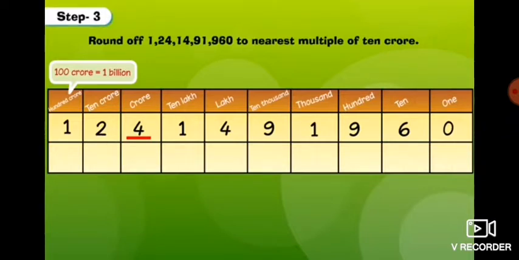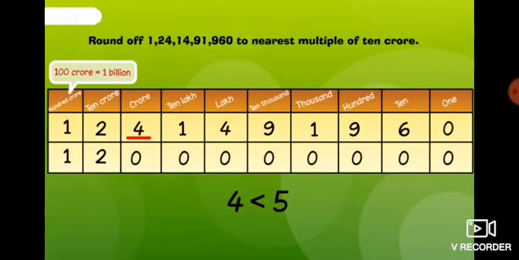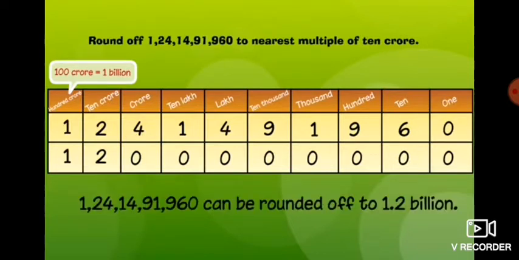Step 3. The underlined digit is less than 5. So, we replace all digits on the right side with 0. Thus, 1,024 crores 14 lakhs 91,960 can be rounded off to 1.2 billion people.